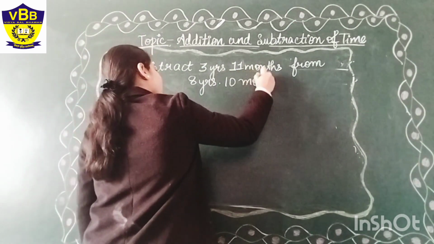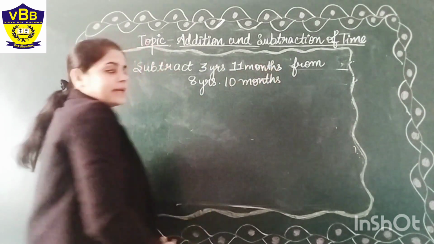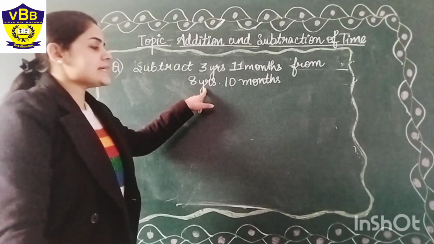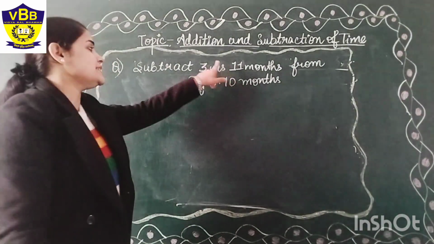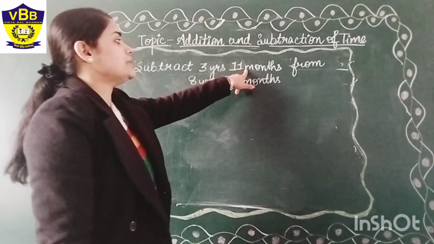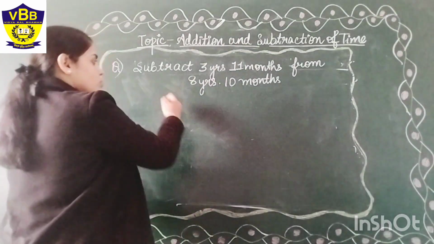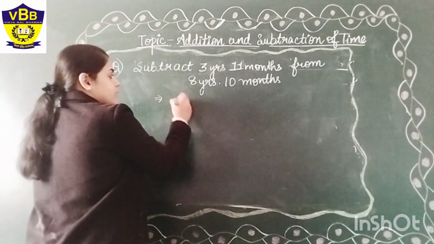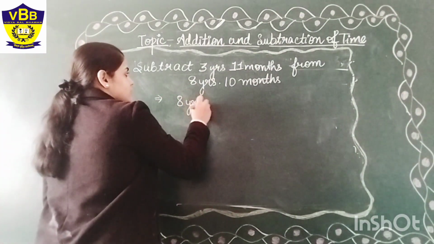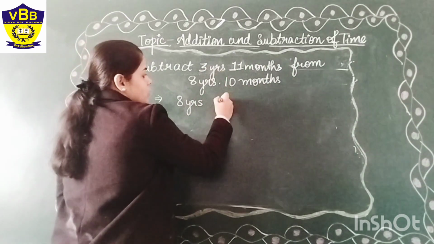So what will we do here? Which is the bigger quantity? This 8 years 10 months is the bigger quantity and this 3 years 11 months is the smaller quantity. So we will subtract the smaller quantity from the bigger quantity.